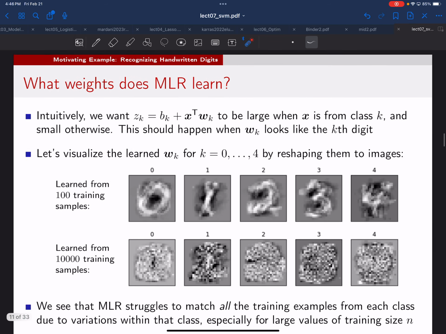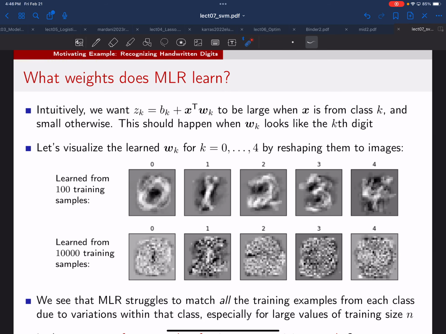When we do that, this is what we get. There are two different experiments here. The first experiment used only 100 images for training. In the second experiment, we used all 10,000 images for training. These are the learned W_k rows, reshaped as images so that we can interpret them well as humans.